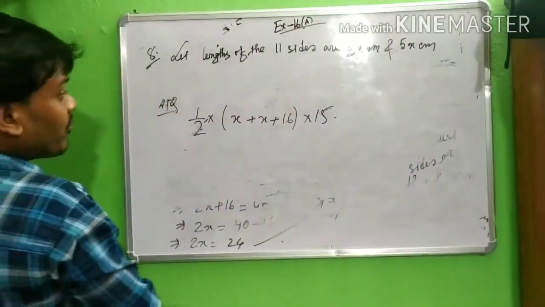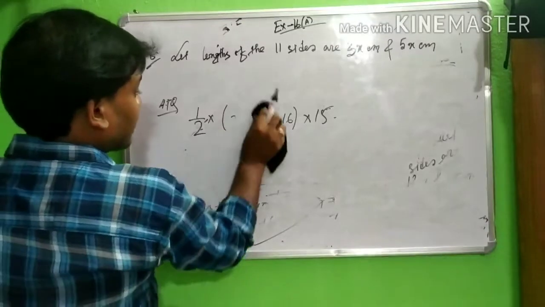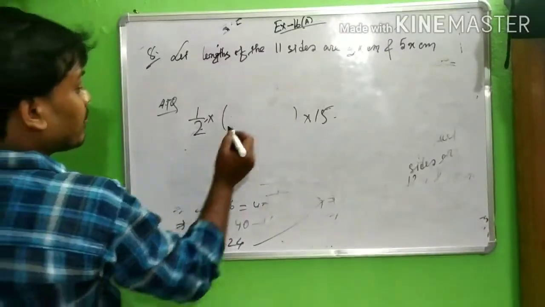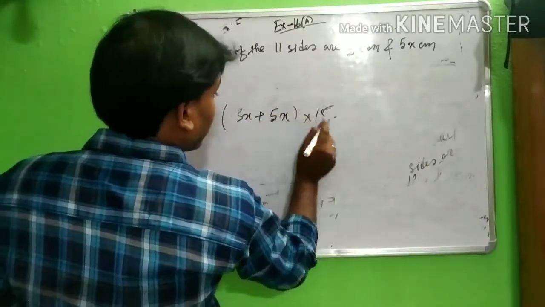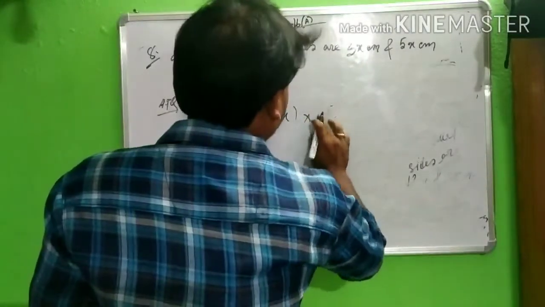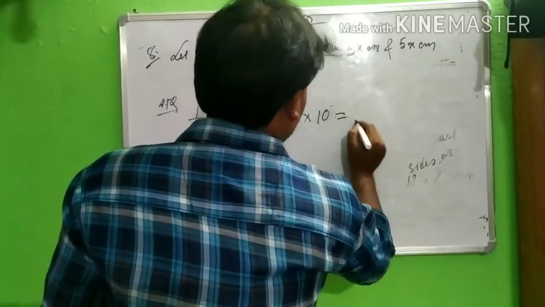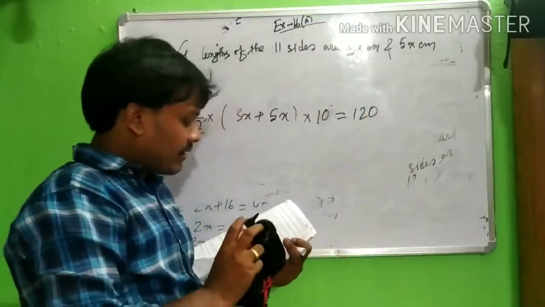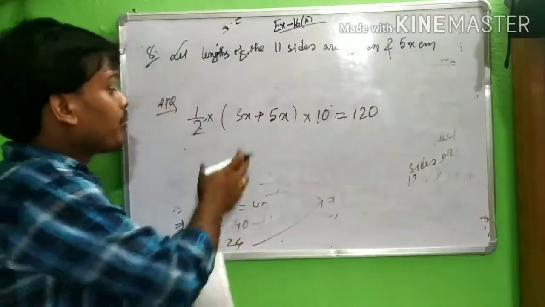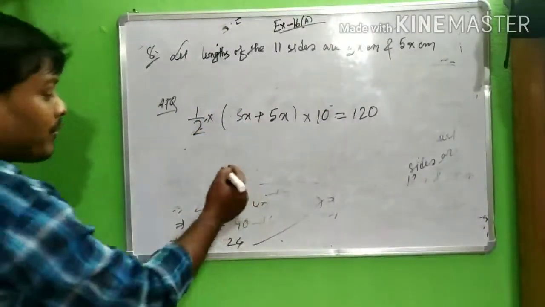So ATQ, sum of parallel sides, that means 3x and another is 5x, and the value of height is 10 centimeter, equal to the area 120. From here you can find the value of x.